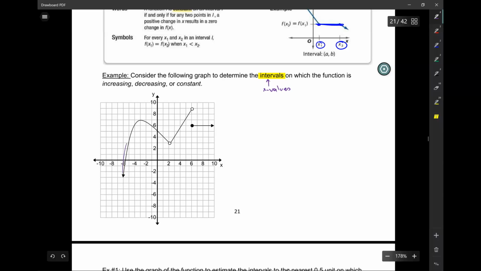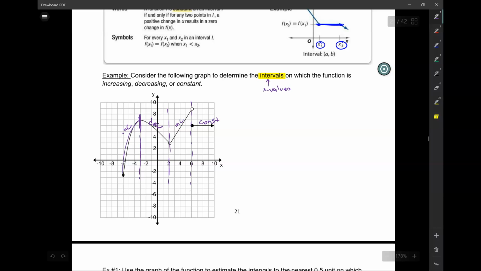So here it's increasing, and then at that point it starts to decrease, and then it's decreasing until here. All right? And then it's increasing again until right there. Then it's constant.